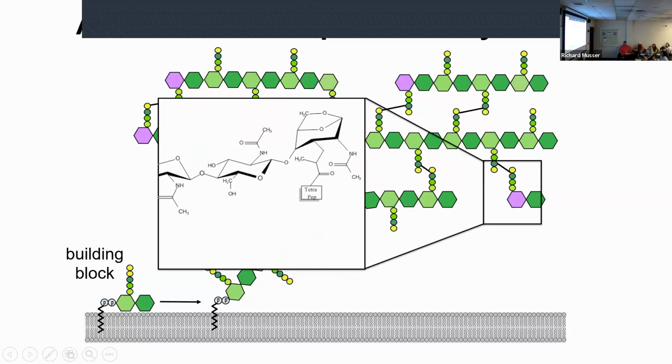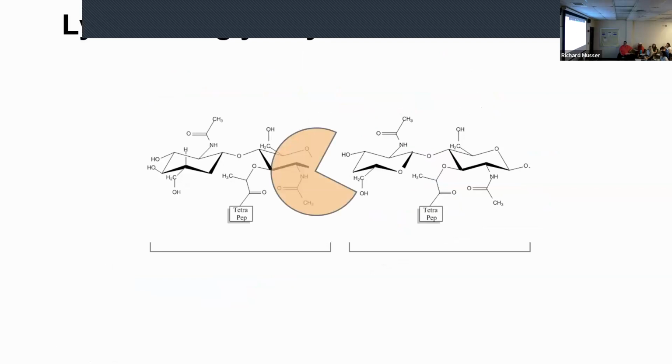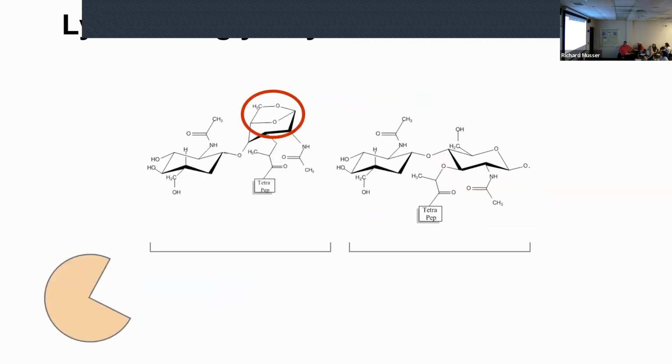A lytic transglycosylase is the enzyme which comes in and introduces these caps. It cleaves between disaccharide subunits and catalyzes formation of that ring. So what it would be doing is coming in and cleaving off that last disaccharide subunit that was added to the nascent glycan chain. And that releases it from the inner membrane.